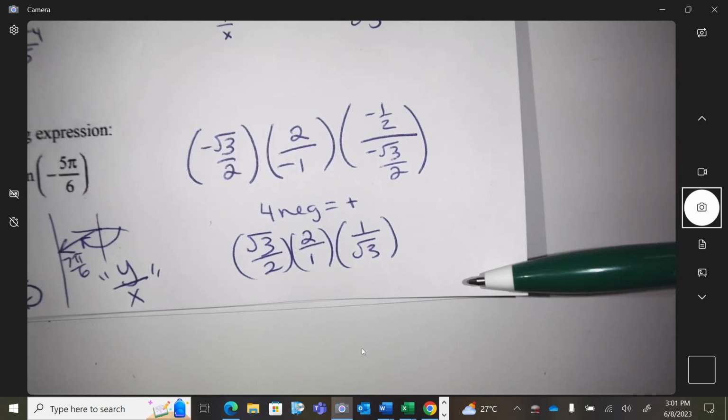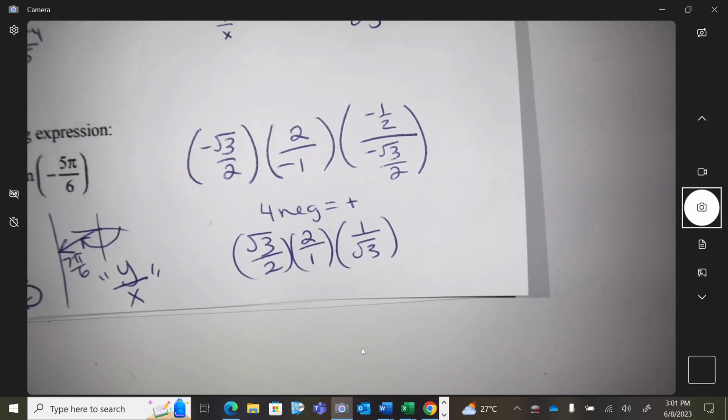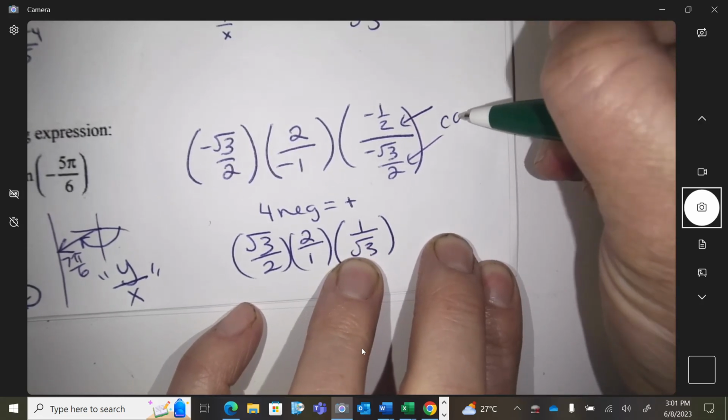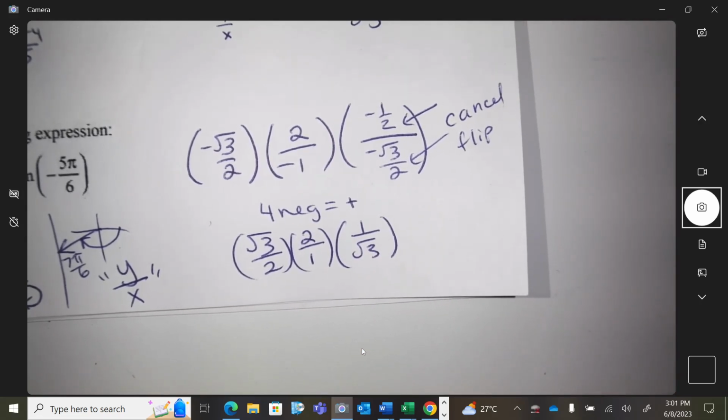Are we okay on this if I tell you that the 2's would disappear with the times and flip of that system? That will always happen with tans like that. Okay, they cancel on the flip. That's good.